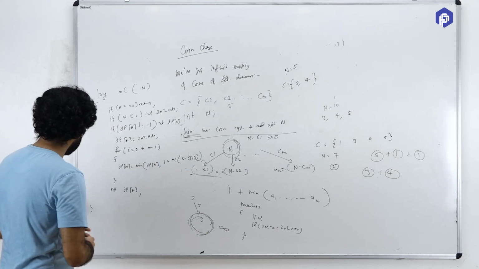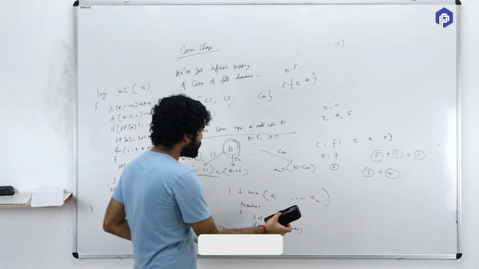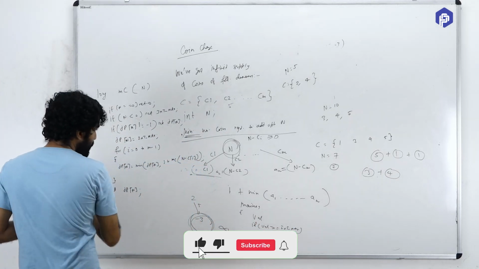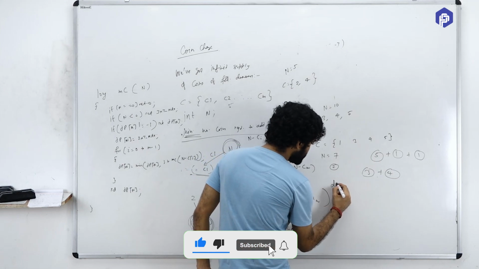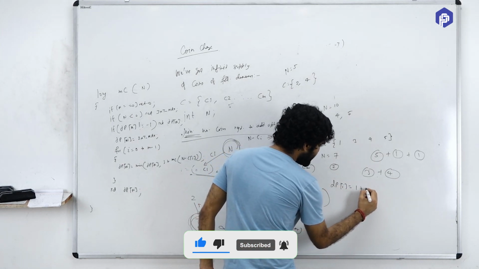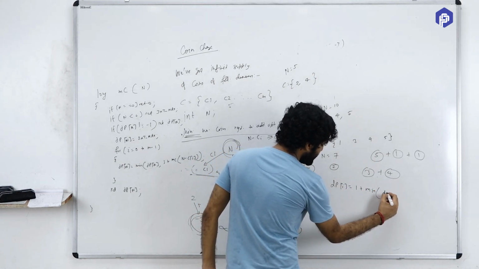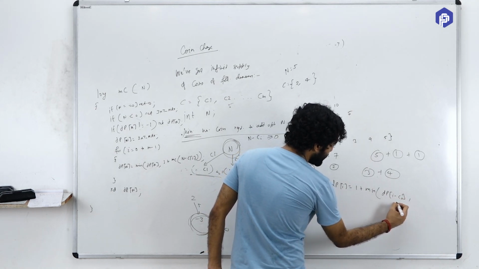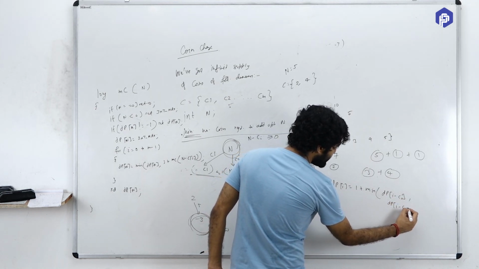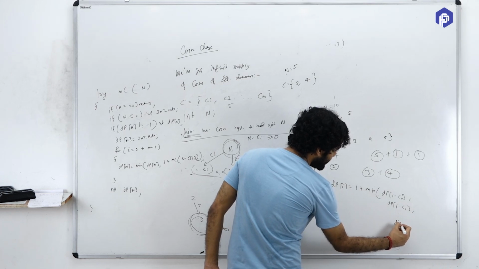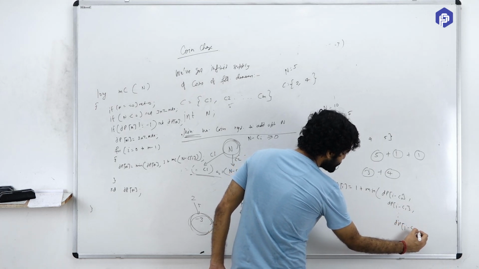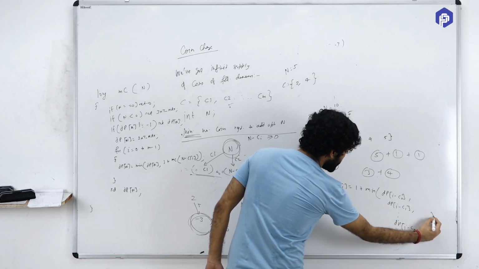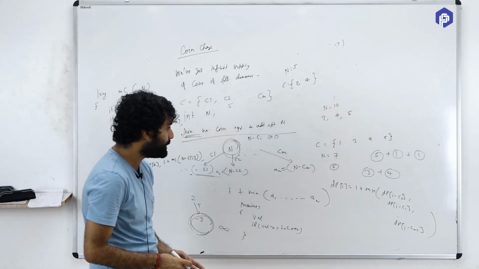Okay, so again, when you write bottom top, your dp of i is 1 plus min of dp of i minus c0, comma dp of i minus c1, and so on till dp of i minus c(m-1). Okay, this is the value of your dp of i.